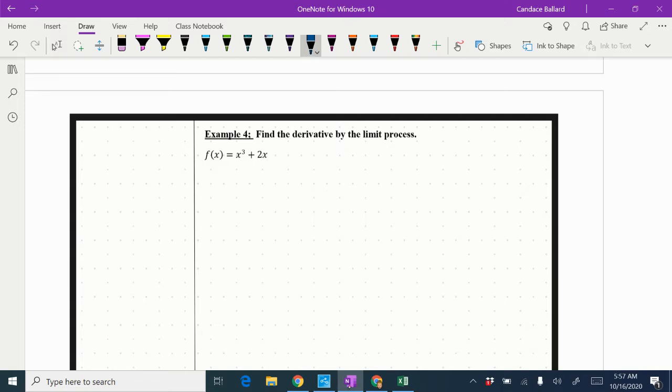So we're going to find, I'm going to write out my derivative formula. So f prime of x equals the limit as h approaches 0 of f of x plus h minus f of x all over h.